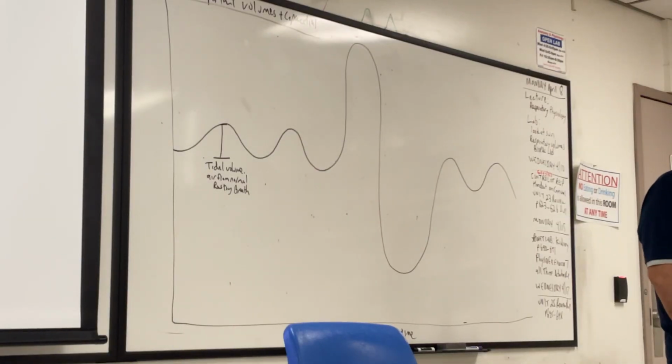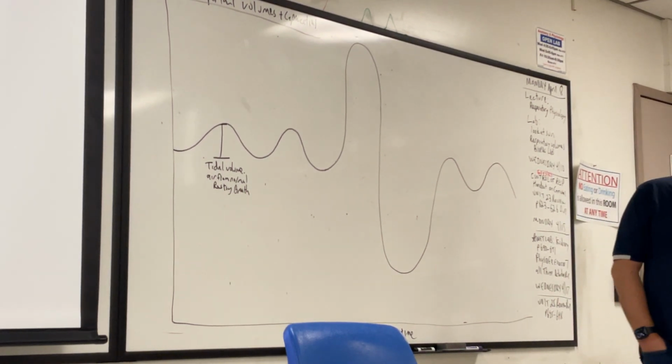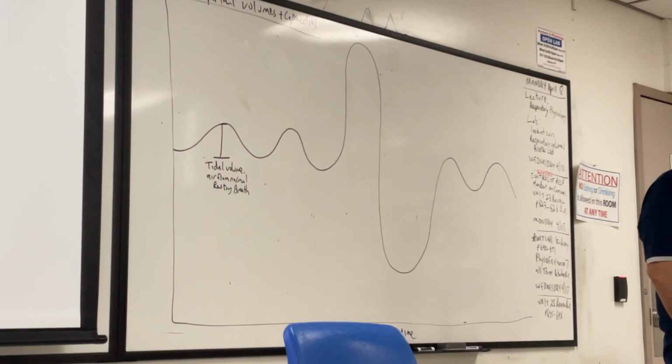All right, so while you're sitting here calmly, just doing your normal breathing in and out, you are moving a tidal volume of air into and out of your lungs.